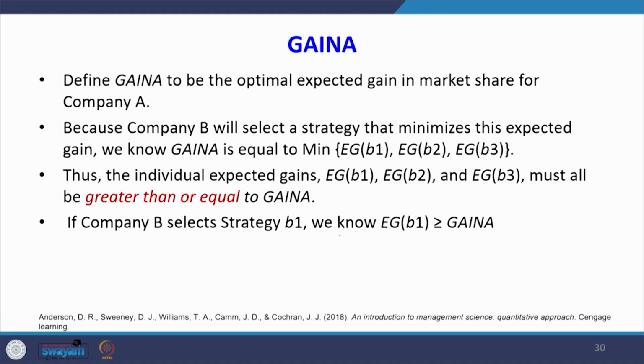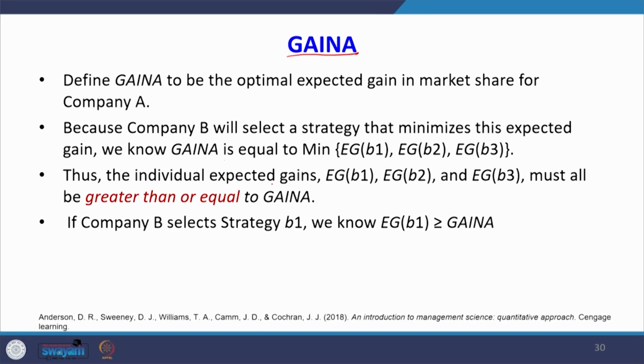Now, here we are going to introduce a new decision variable called gain A. What is the meaning of this gain A? Define gain A to be the optimal expected gain in market share for company A. Because company B will select a strategy that minimizes the expected gain, we know that gain A is equal to the minimum of EGB1, EGB2, EGB3.